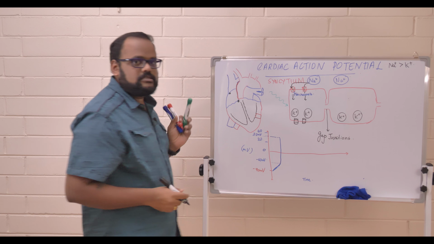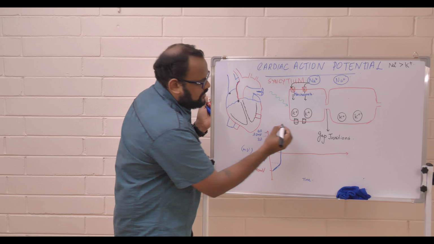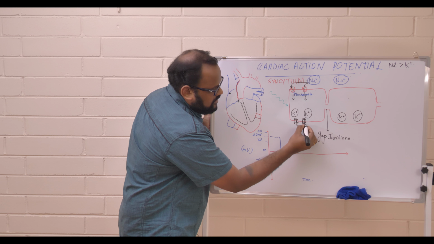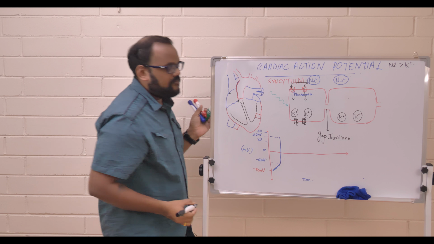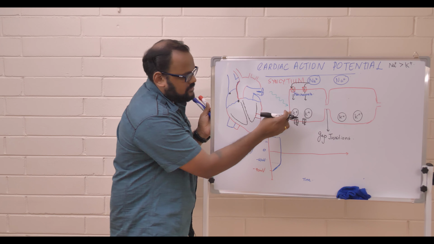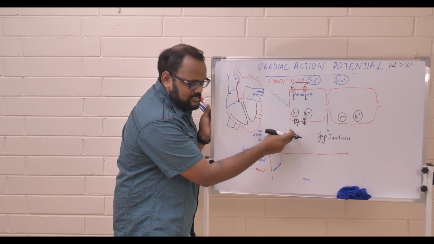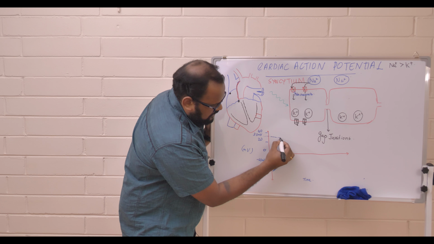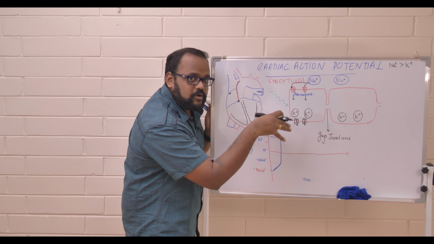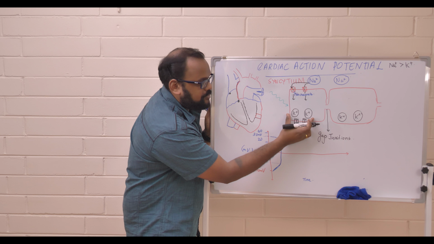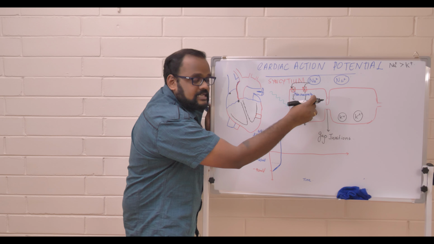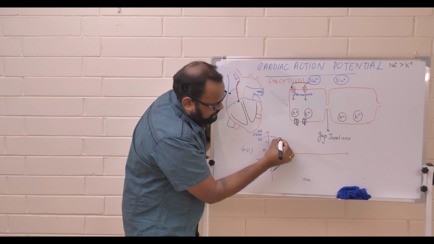So the potassium channels open and the cell starts to leak potassium outside. And when the potassium channels leak, the cell starts to get more and more electronegative, because potassium is positively charged. When you lose a positive charge inside the cell, it becomes more electronegative.